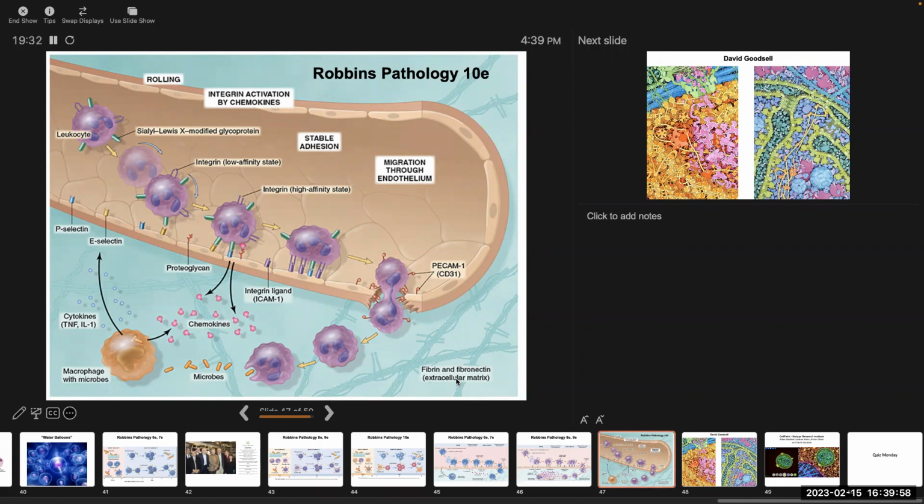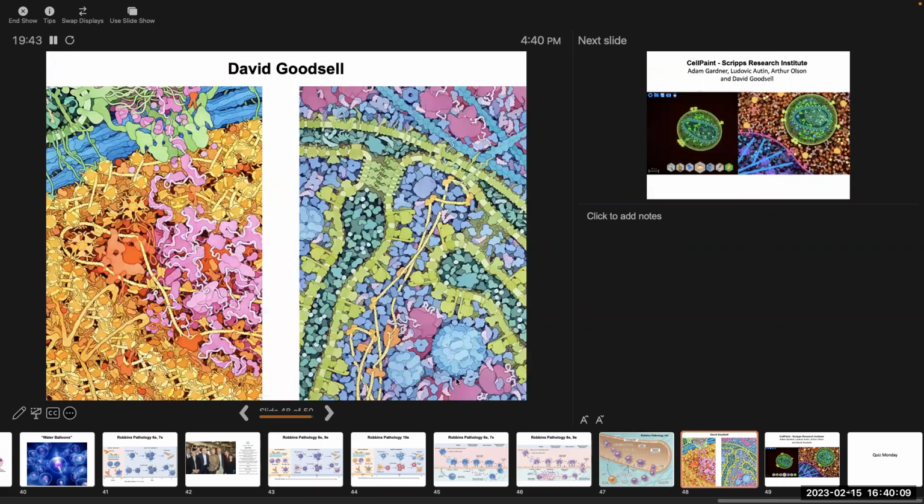And last thing I will leave you with are just a couple of other kind of unusual approaches, but really interesting approaches to coloring cells. Way back on the very first day, I brought in an example of this guy's book. This is David Goodsell, who is a molecular biologist at the Scripps Research Institute in Southern California, but he's also a really talented painter, talented artist.